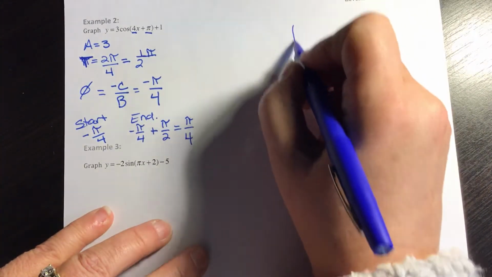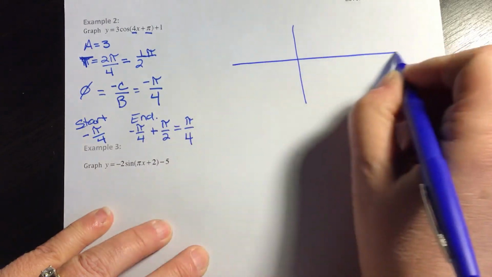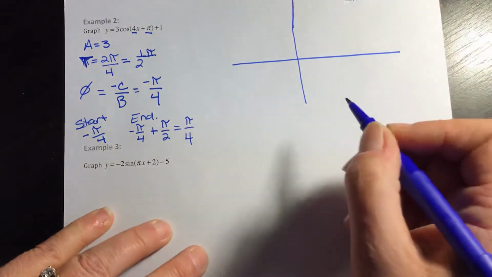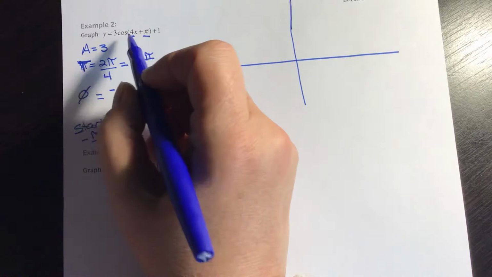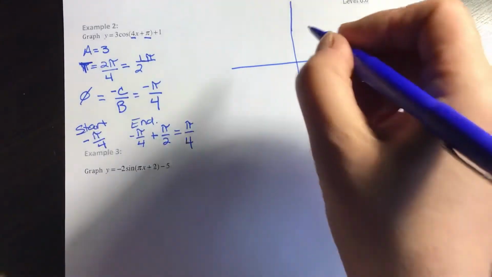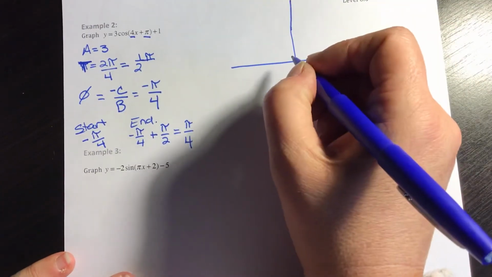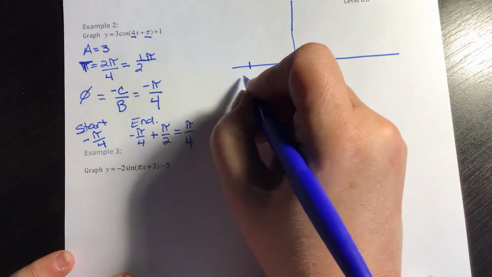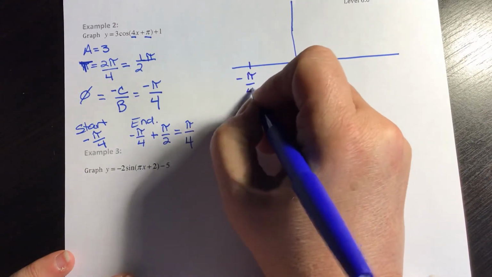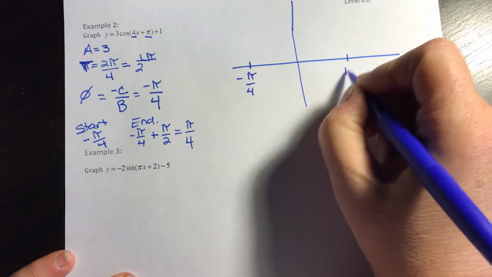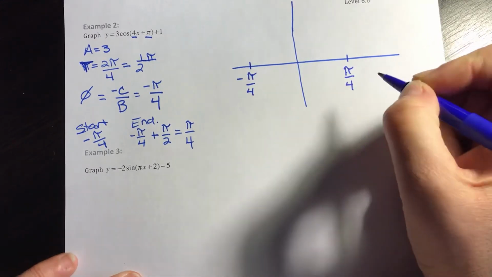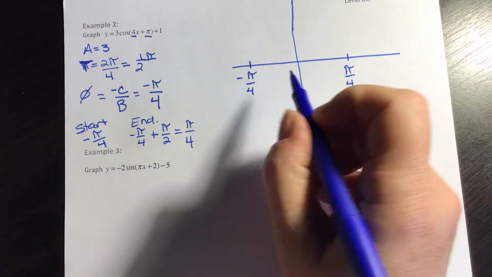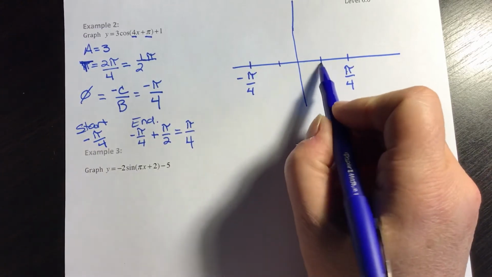All right, so here's my graph. And by the way, I'll do this once I get this label. So I'm going to go from -pi over 4 to positive pi over 4. And then I need to have my other 2 points here.